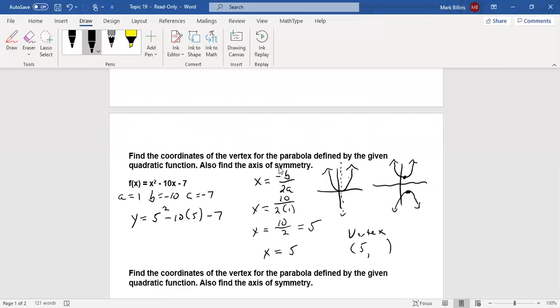So this would be 25 minus 50 minus 7. 25 minus 50 is negative 25 minus 7, which would be a negative 32. So our vertex would have coordinates of 5, negative 32.